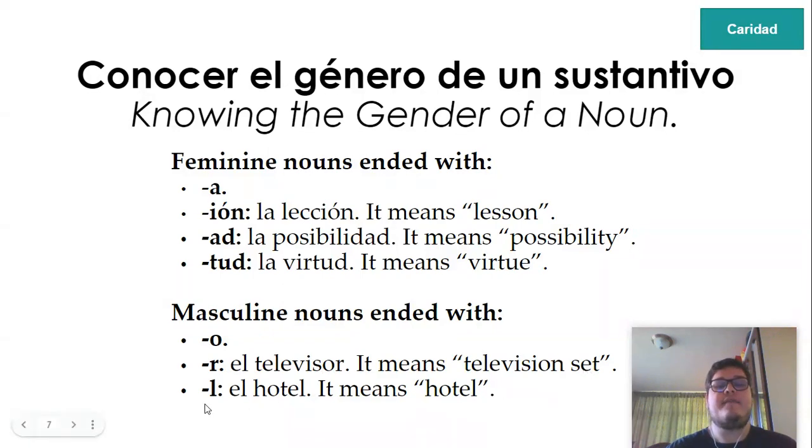Also, we have the letter L, and we have the word el hotel, that means hotel. Okay, so just try to remember these letters.